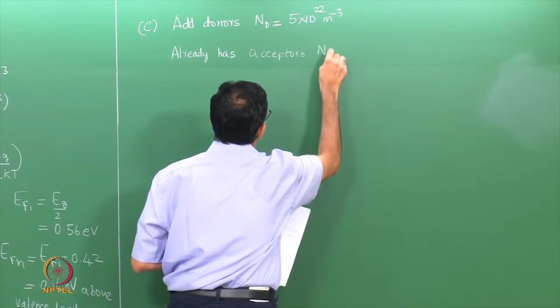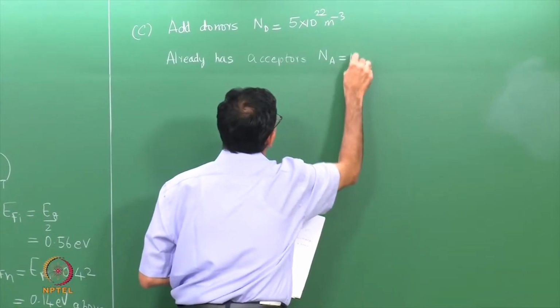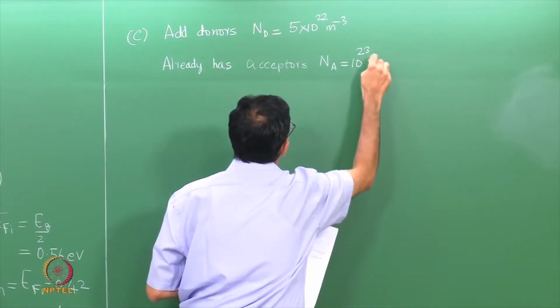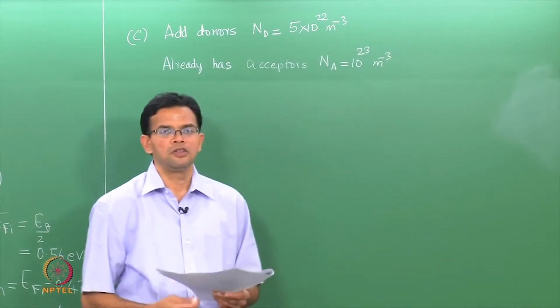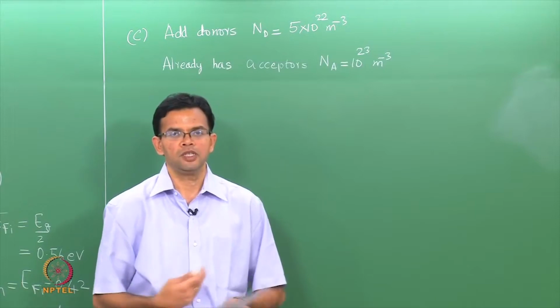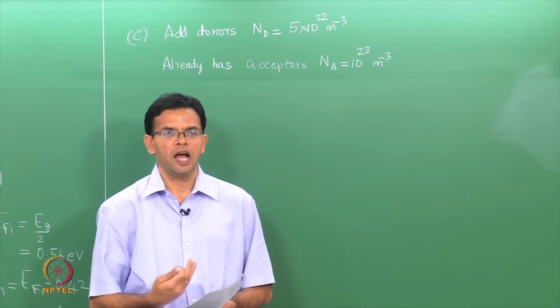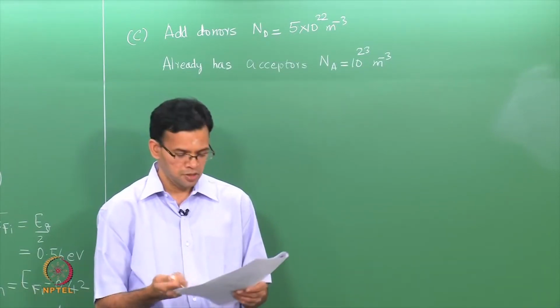Acceptor concentration Na is 10 to the 23 per meter cube. So, this is an example of compensation doping, where we have both donors and acceptors.